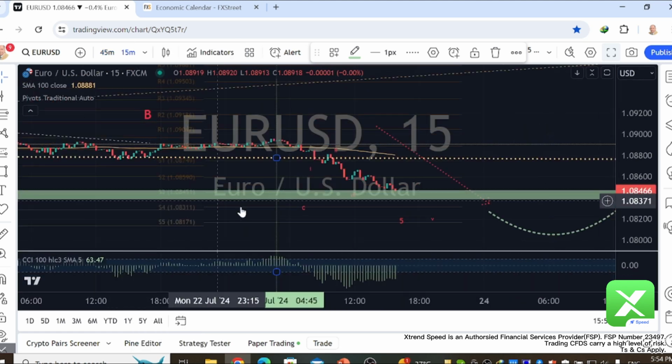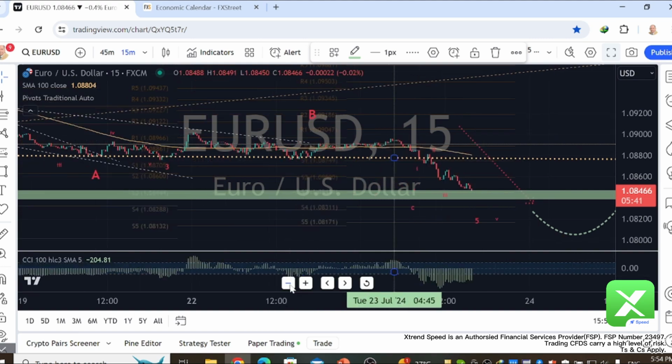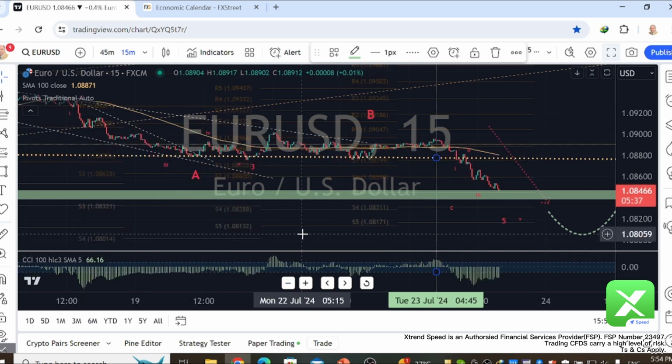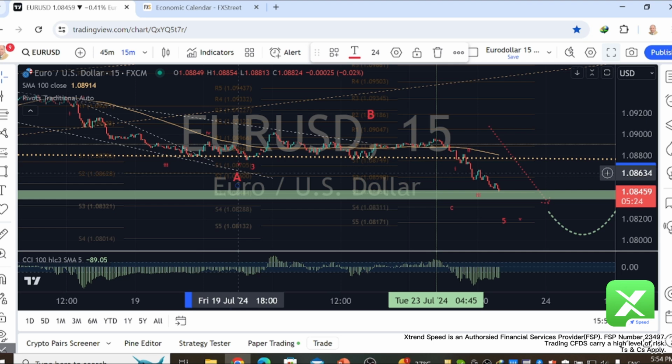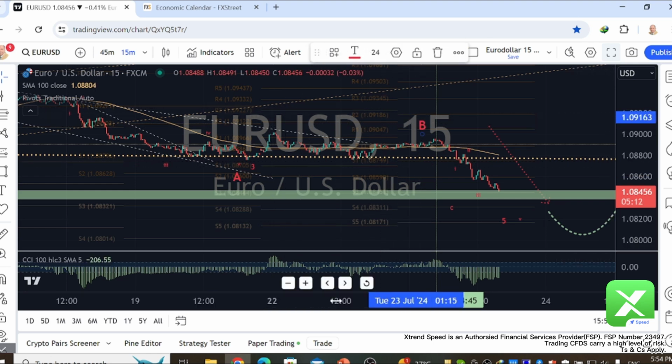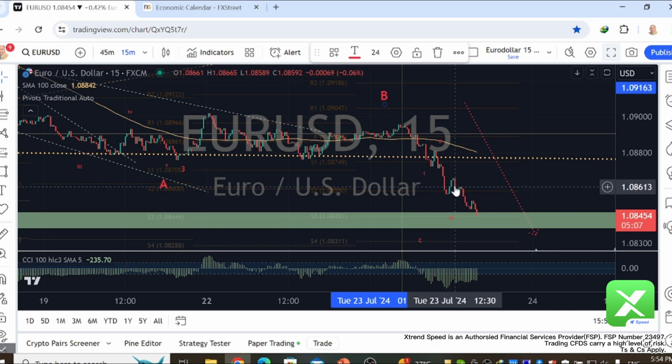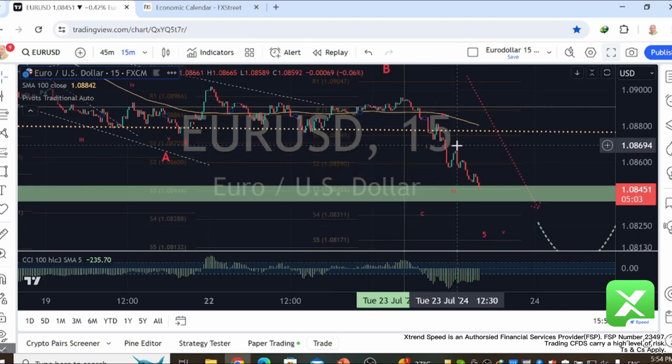Let's take this to 15 minutes. We are looking at consistent negative momentum. We're still having an extension into 3, so we just have to let it run.